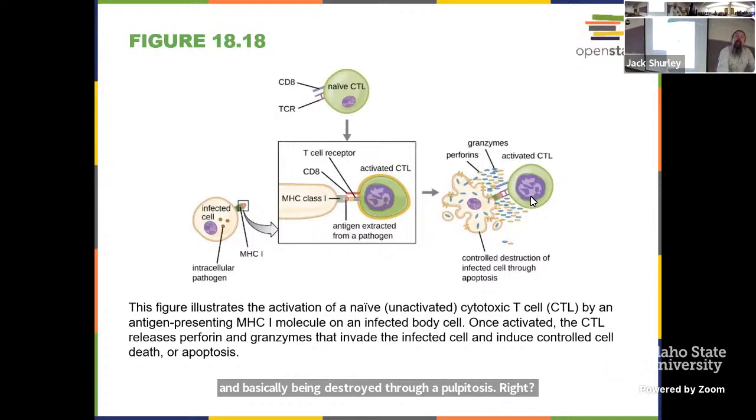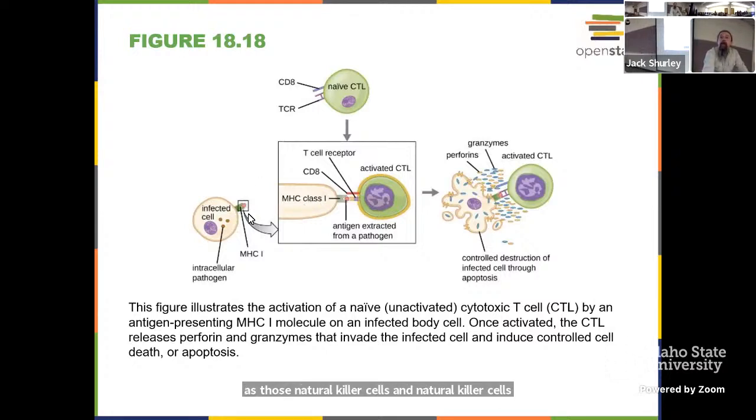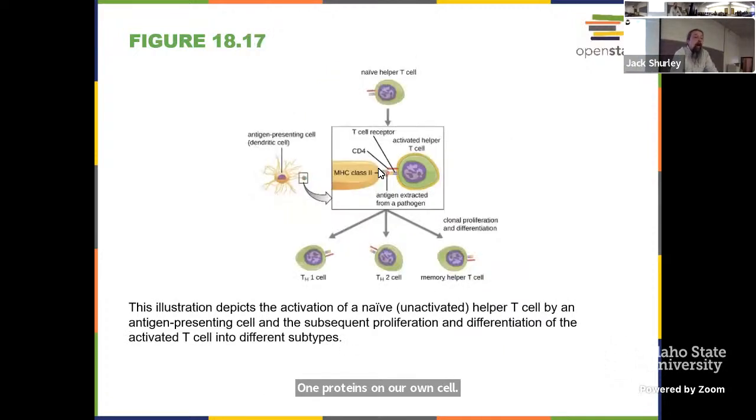So they're not the same, but kind of a similar function as those natural killer cells. And natural killer cells also are detecting issues with the class 1 proteins on our own cell surface, right? Whereas the other route, we're looking at immune cells doing the presentation on the class 2 to stimulate the T helpers, right?